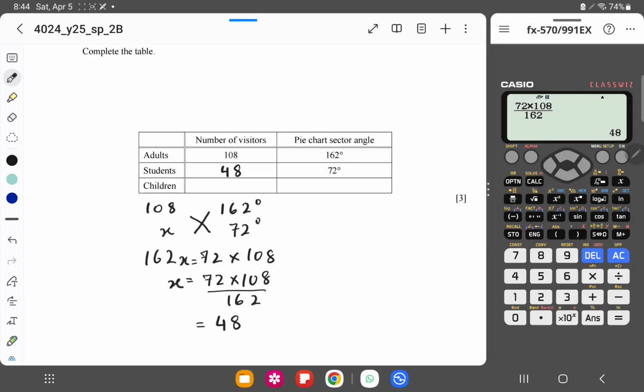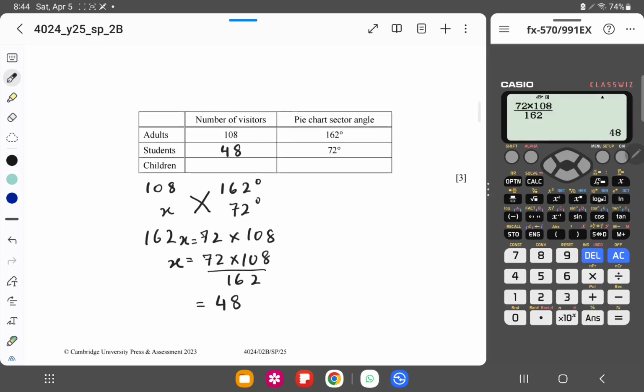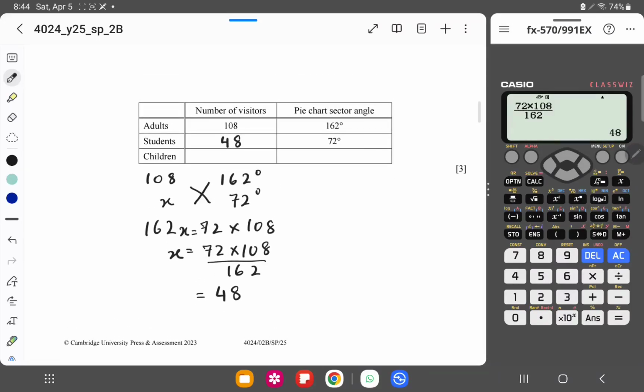So the number of children are required. The same thing you can do. The number of children will be, 108 is showing for the adults, and we don't know the full total, otherwise we could subtract it. Before finding out the number of children, we should find out the angle for it.